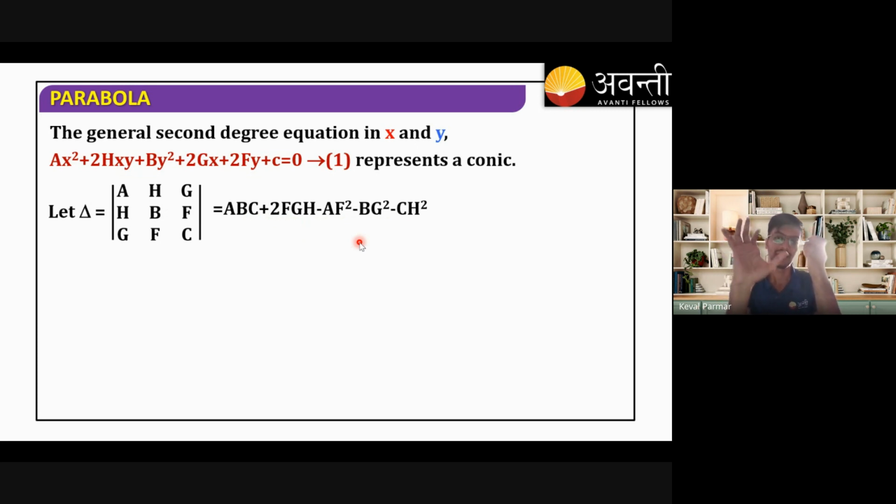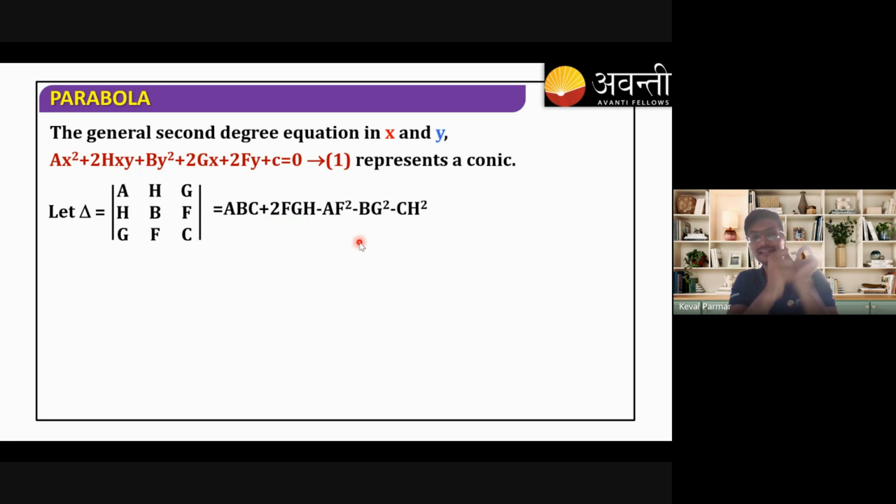Now, depending on the value of delta, we can say what type of conic it is. As I told you on the previous slide, either we fix the value of e or we get some relation between these coefficients. We already know how to get the value of e. If e is less than 1, we get an ellipse. If e equals 1, we get a parabola. And if e is greater than 1, then we get a hyperbola.